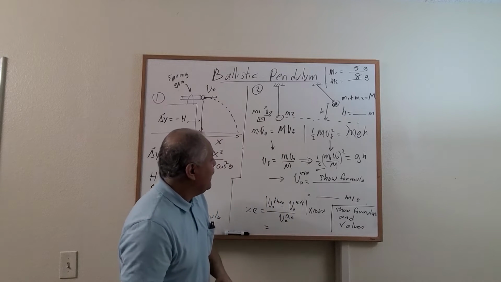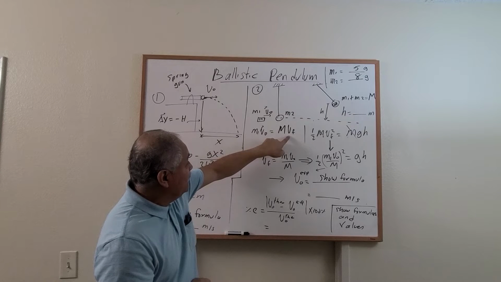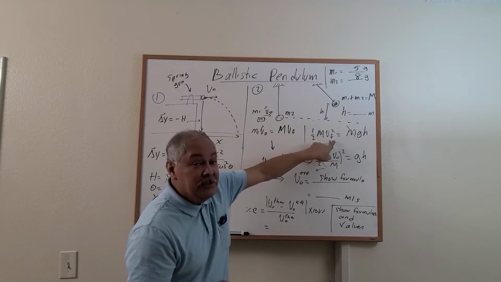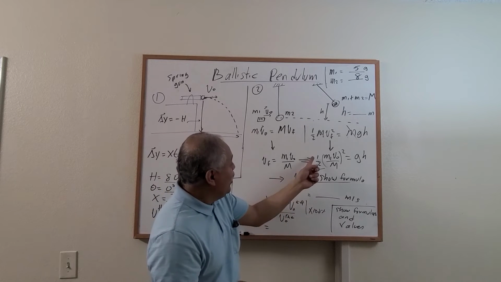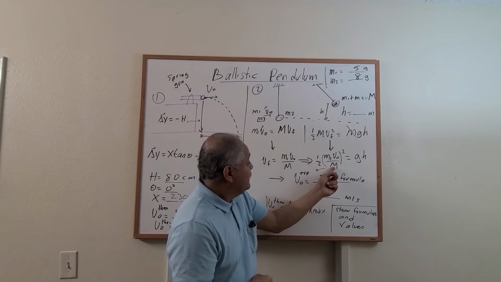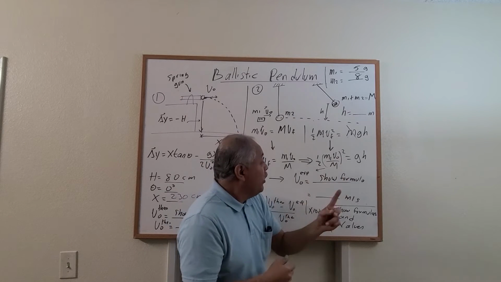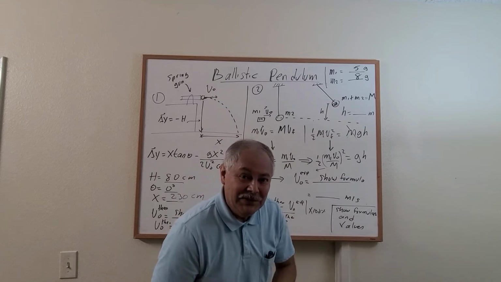Now from here, let's solve for final velocity because we need to use it in this equation. When we solve it, we get that 1/2 M1 v initial divided by the total mass, squared, equals Mgh, because these M's cancel in these equations.